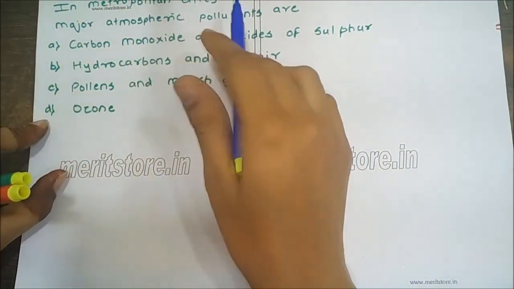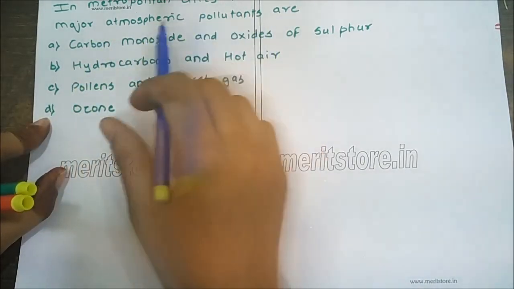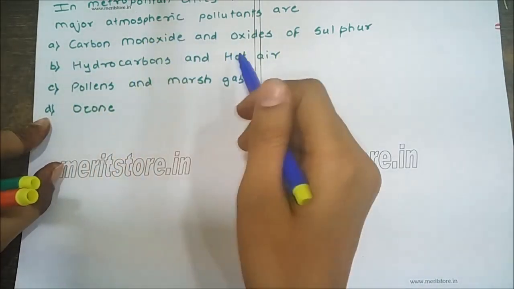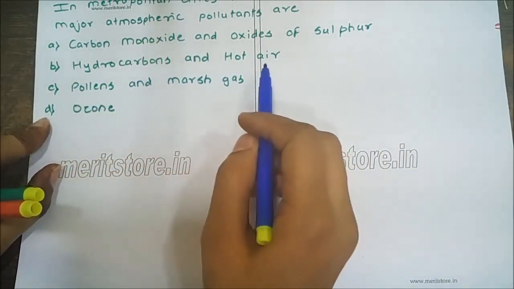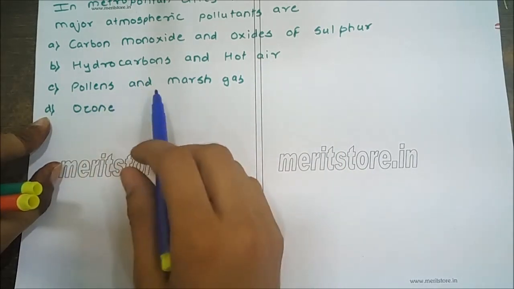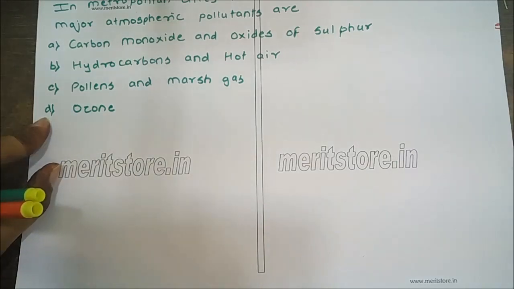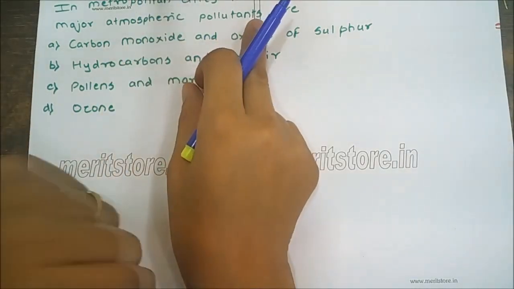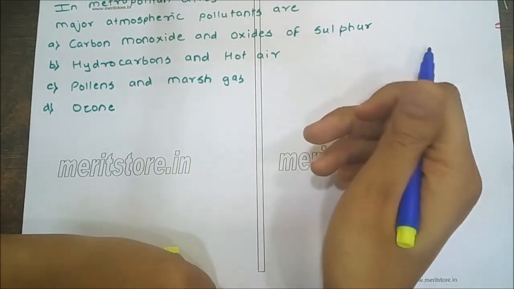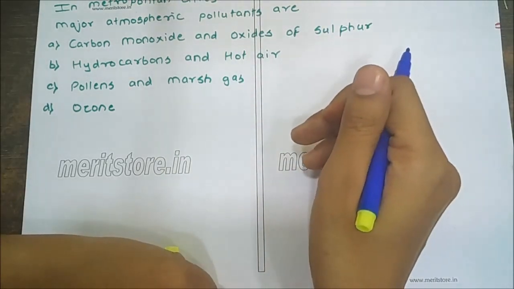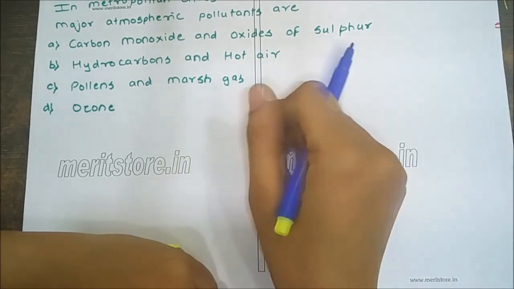In metropolitan cities like Mumbai and Calcutta, the major atmospheric pollutants are A. Carbon monoxide and oxides of sulfur, hydrocarbons, B. Hydrocarbons and hot air, C. Pollens and marsh gas, and D. Ozone. As we know, in metropolitan cities like Mumbai and Calcutta, there are lots of automobiles and industries. So the major atmospheric pollutants will be from the automobiles and industries.